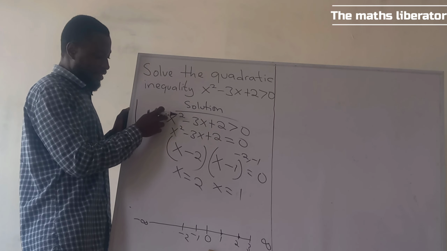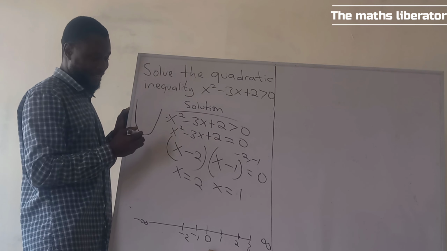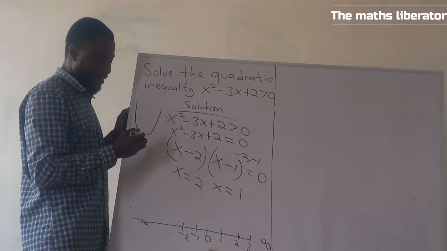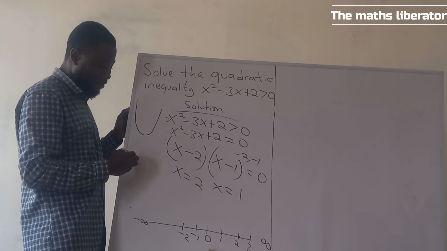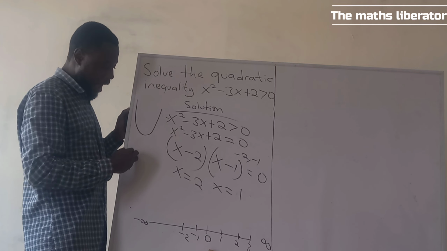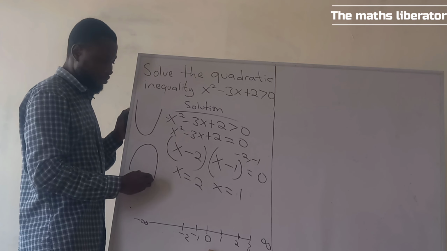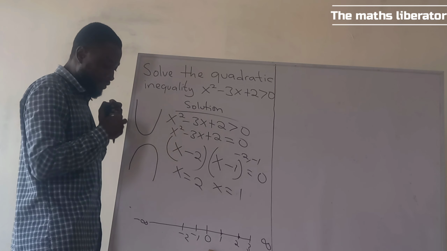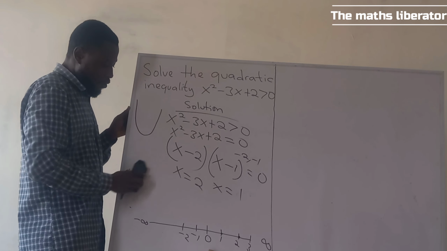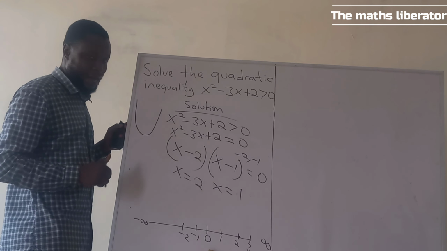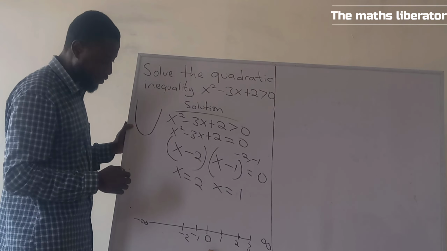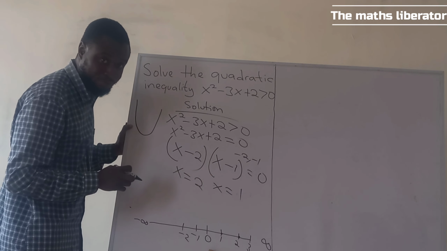Assuming this was negative, meaning negative 1, the hidden one, your graph will look like this: up, then open down. But in this case, there's no negative, it's positive. So we only need this parabola shape. So what are you going to do?